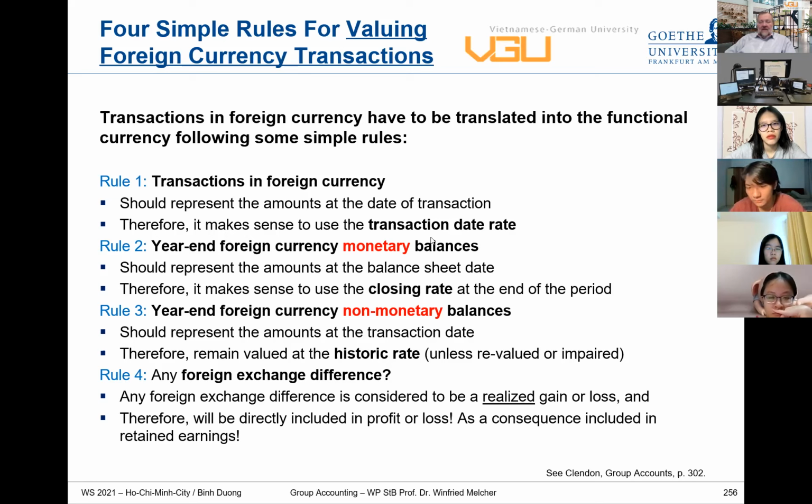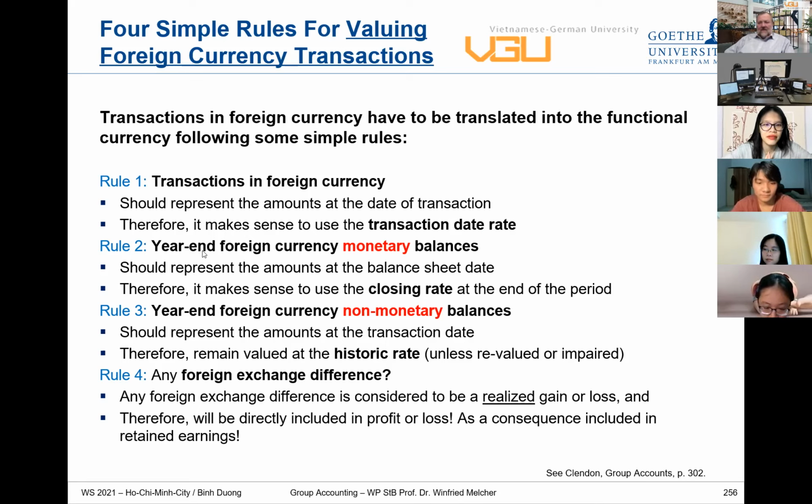But of course, if you have a big inflation or you have big differences in the daily currency rates, you should think about looking at those rates more closely, and maybe define weekly rates or even daily rates. I have not seen hourly rates in practice, but daily rates I have seen.